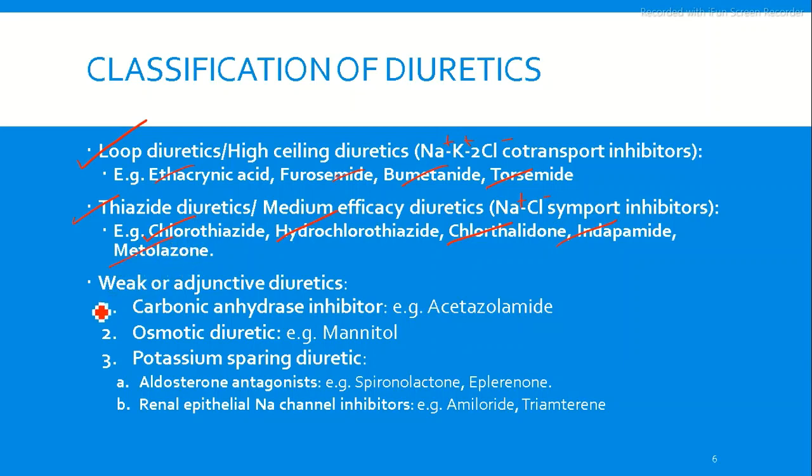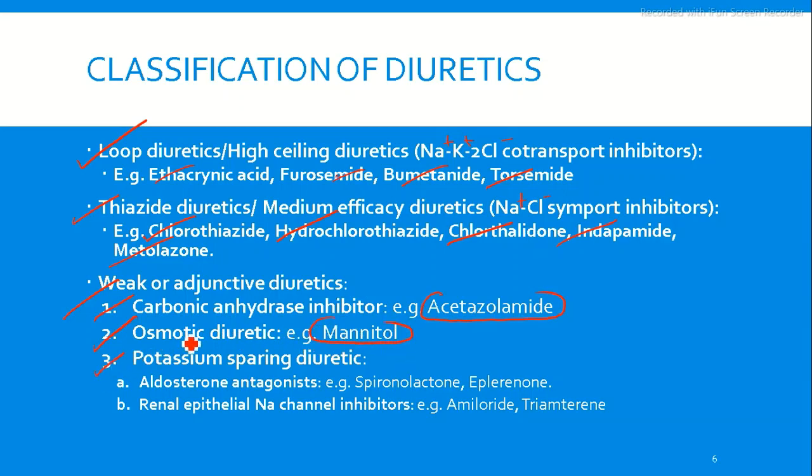Then we have the third type of diuretics, weak or adjunctive diuretics. There are three subclasses. The first one is the carbonic anhydrase inhibitor, the example is acetazolamide. The second one is the osmotic diuretic, the example is mannitol.